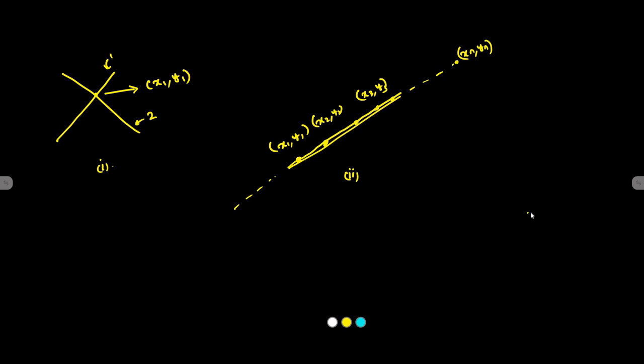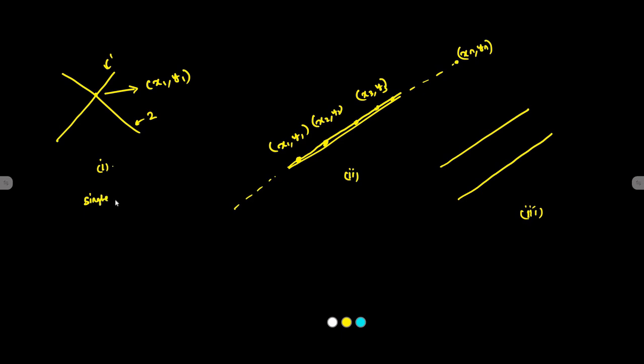This is the second case. Now the third case, when there is no solution, is graphically a pair of parallel lines. Parallel lines never intersect each other. So no intersection point, no common point, means no single solution which satisfies both equations.